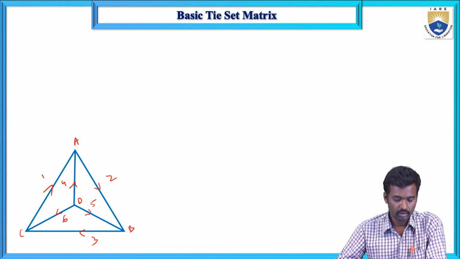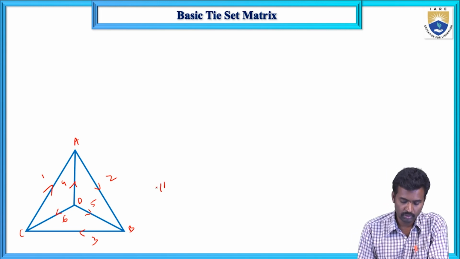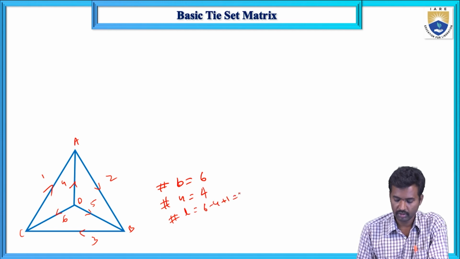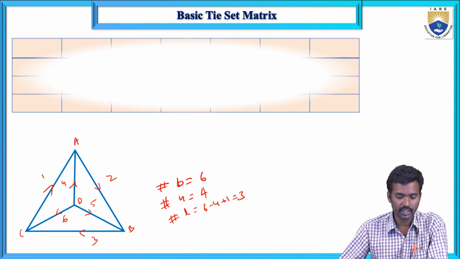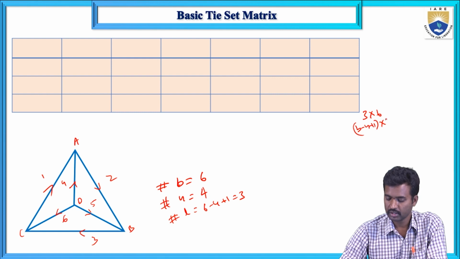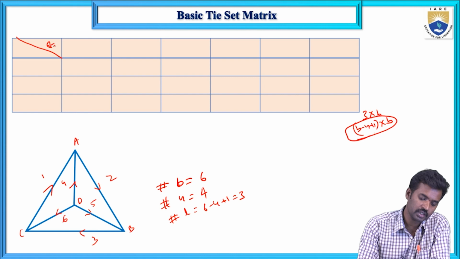Now here the number of branches B equals 6, the number of nodes equals 4, and the number of links equals 6 minus 4 plus 1 equals 3. Now the matrix size here is 3 cross 6, that is B minus n plus 1 cross B. This is important.